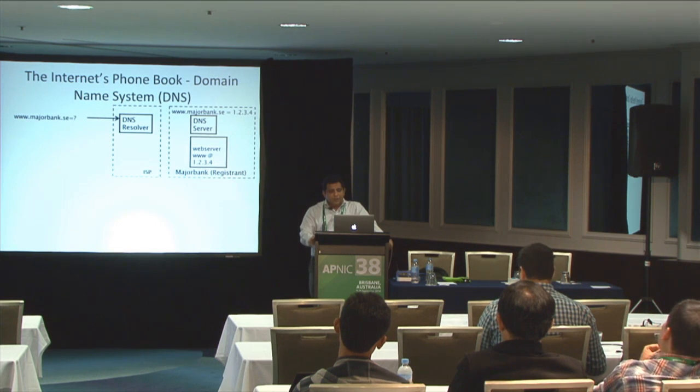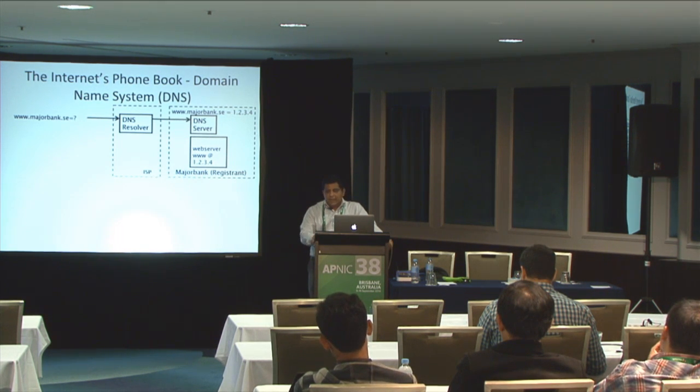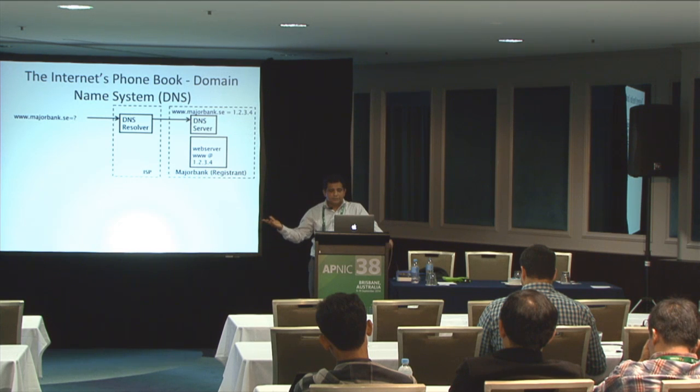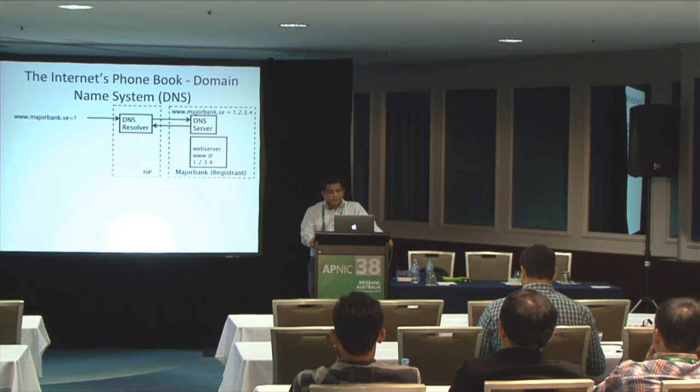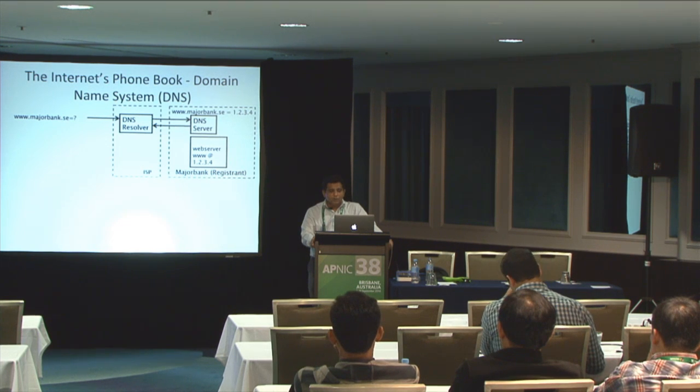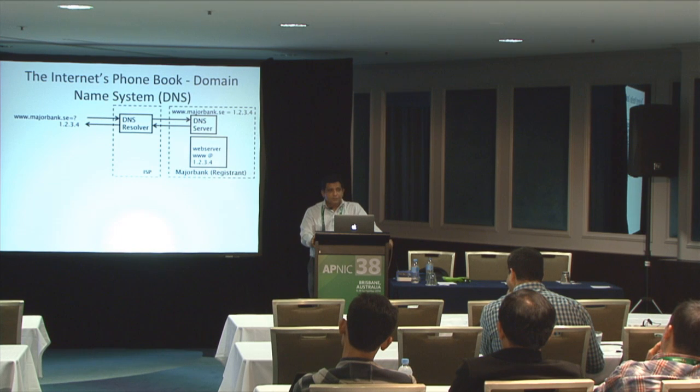So what happens is you would go and do that query, right? Ask for the web server IP address, and then the resolver would go and talk to the DNS server serving this bank website. And then the response would come to the resolver with the IP address of the web server, which in this case is 1.2.3.4.